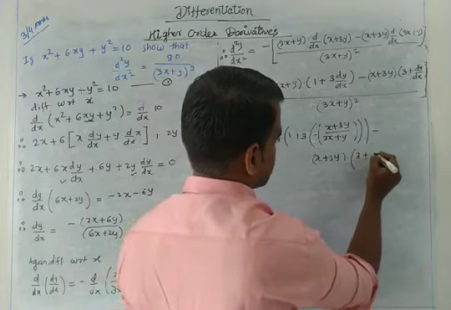Minus (x plus 3y) into bracket: 3x multiplied by (3x plus y), 9x plus 3y, minus multiply minus x minus 3y, upon 3x plus y.